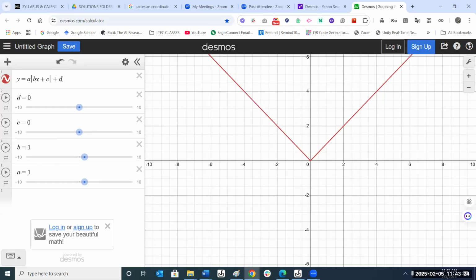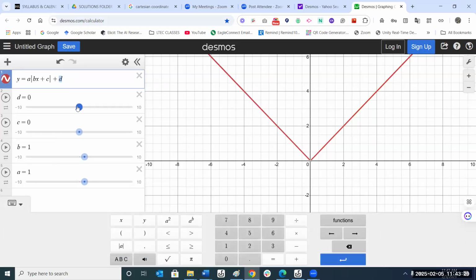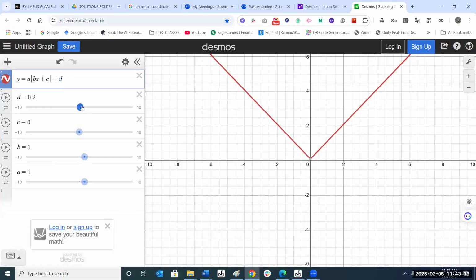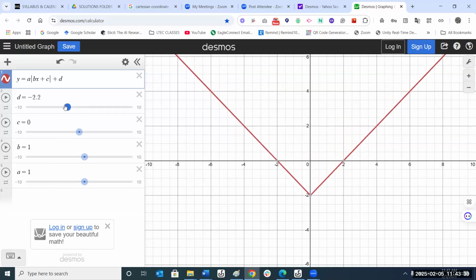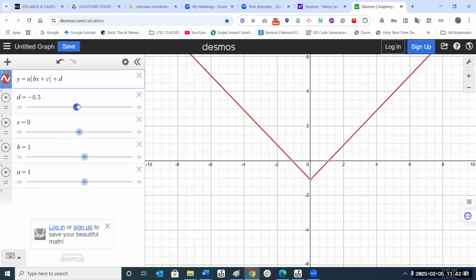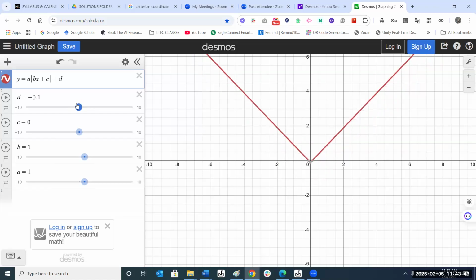Okay, what do you think happens if this constant over here, D, becomes bigger? The whole graph shifts up. If D becomes negative, it goes down. Why doesn't it flip directions with D?